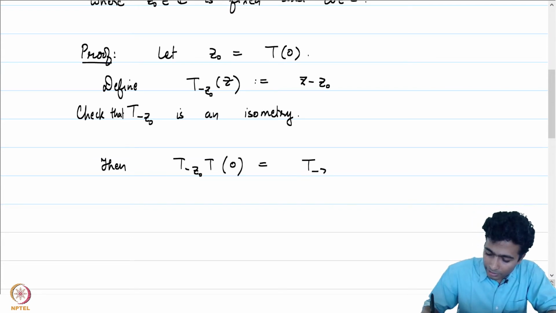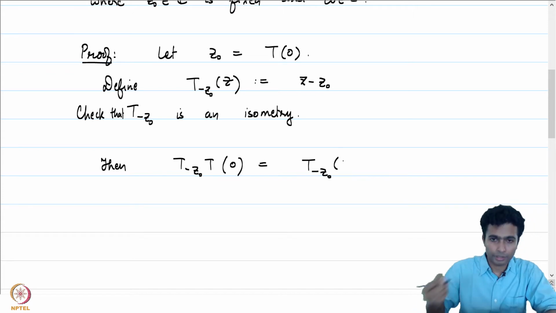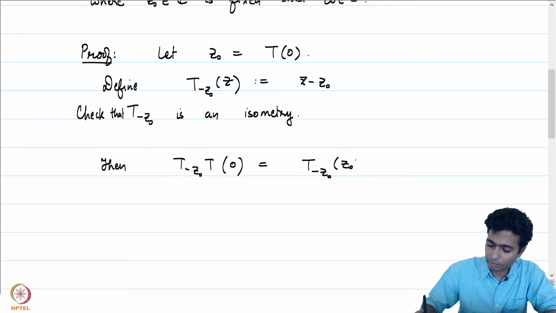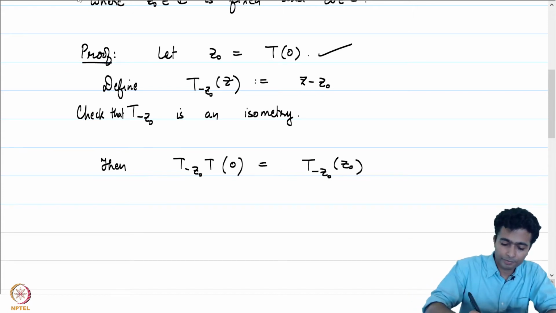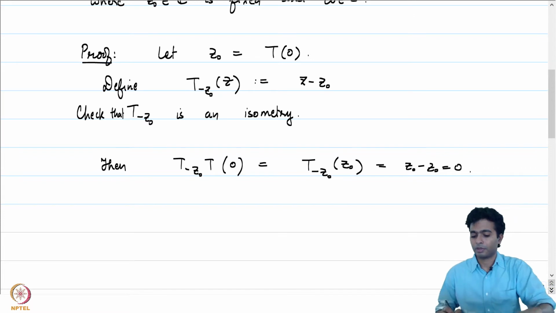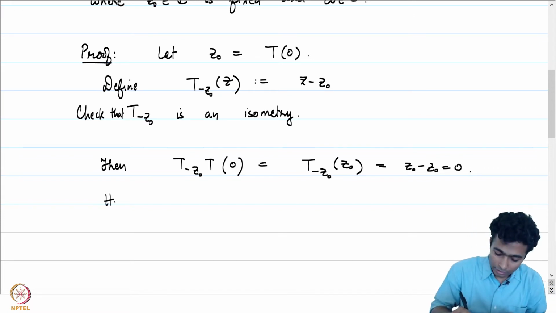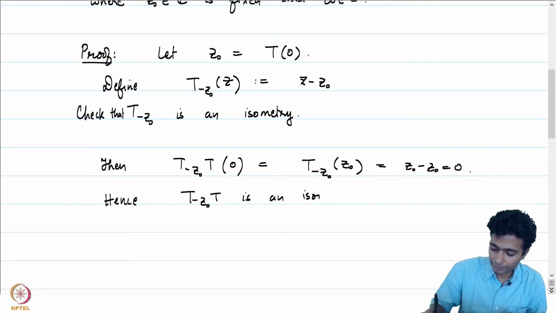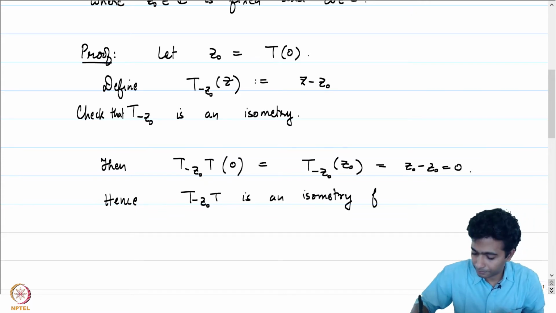This is going to be T minus z0 evaluated at T of 0, which is z0 by the very definition, and that's going to be equal to z0 minus z0, which is equal to 0. Hence, T minus z0 composed with T is an isometry which fixes the origin.